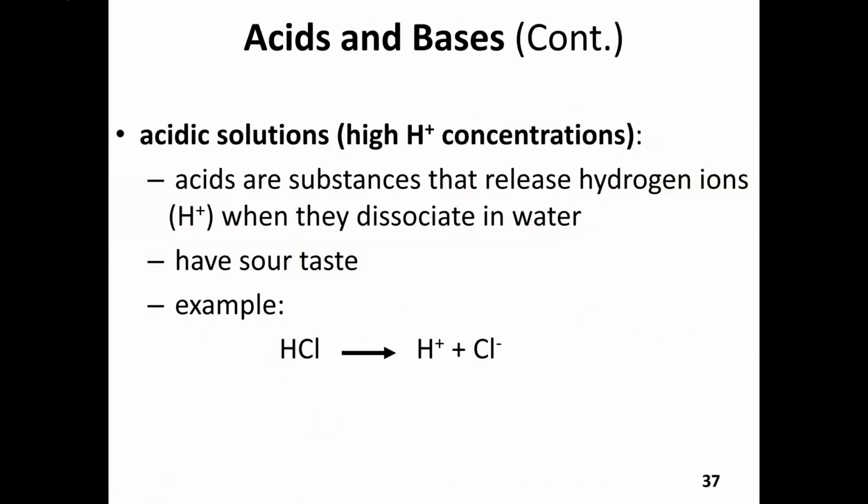So an acid then is a solution that contains a high amount of hydrogen ions. They release hydrogen ions when they dissociate, and they typically have a very sour taste. An example, hydrochloric acid releases hydrogen ions right there when it dissociates in water.